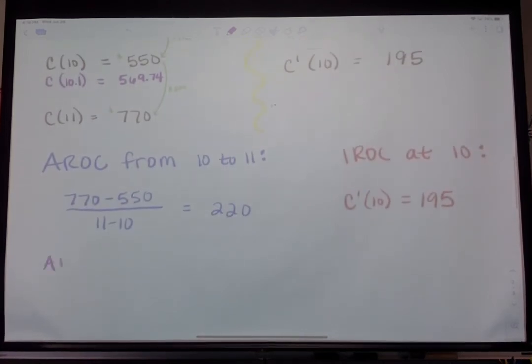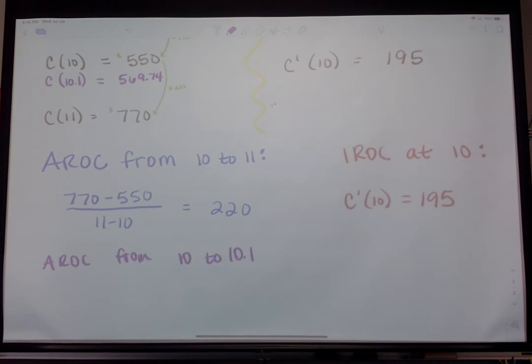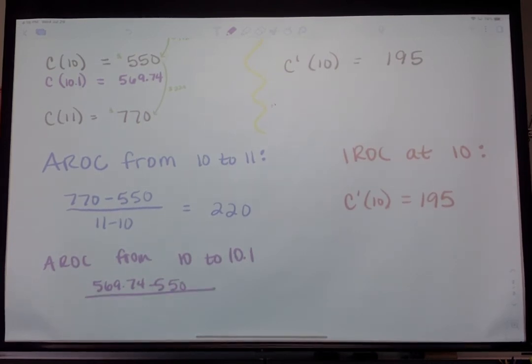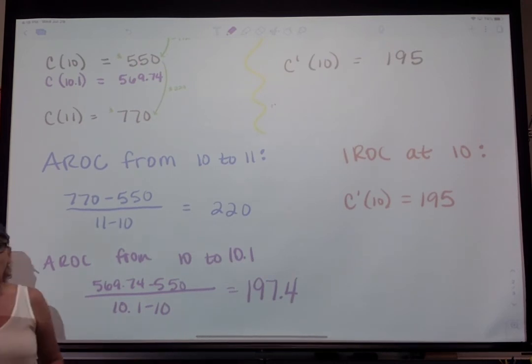Now, what if I do average rate of change from 10 to 10.1? I do 569.74 minus 550 all over 10.1 minus 10, and you know what I get? 197.4.